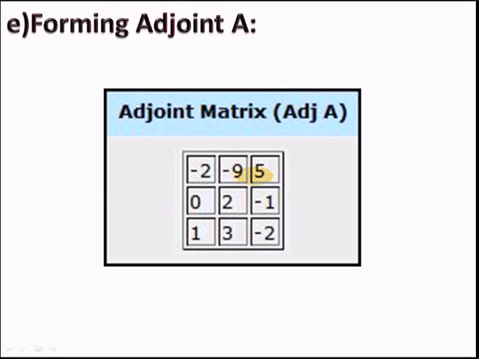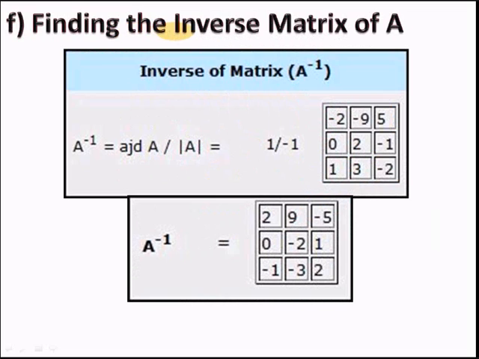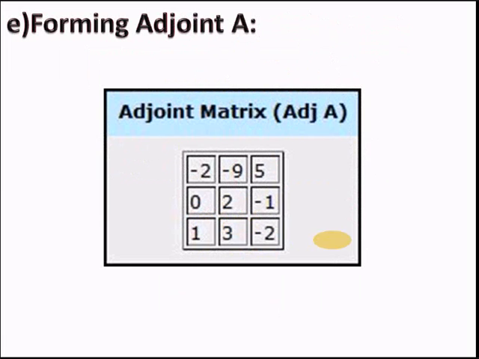And the final step is to find the inverse of the matrix. As told before, we have to use the formula A inverse is equal to adjoint A divided by the determinant of A. Value of adjoint A is this: minus 2, minus 9, 5, 0, 2, minus 1, 1, 3, minus 2.